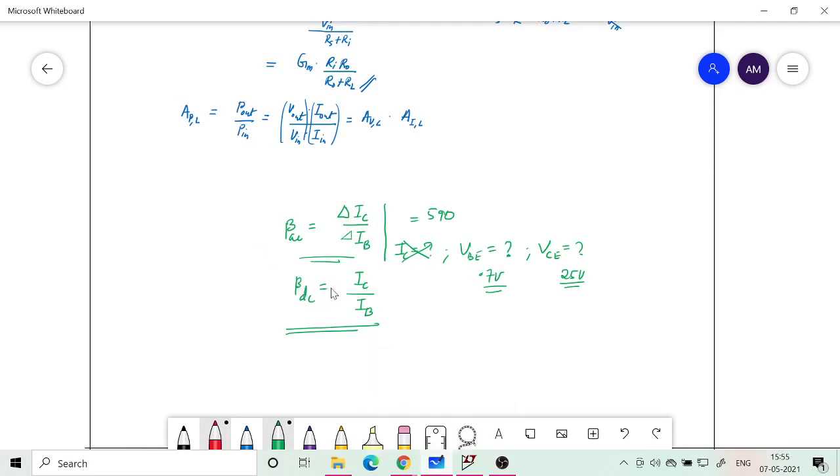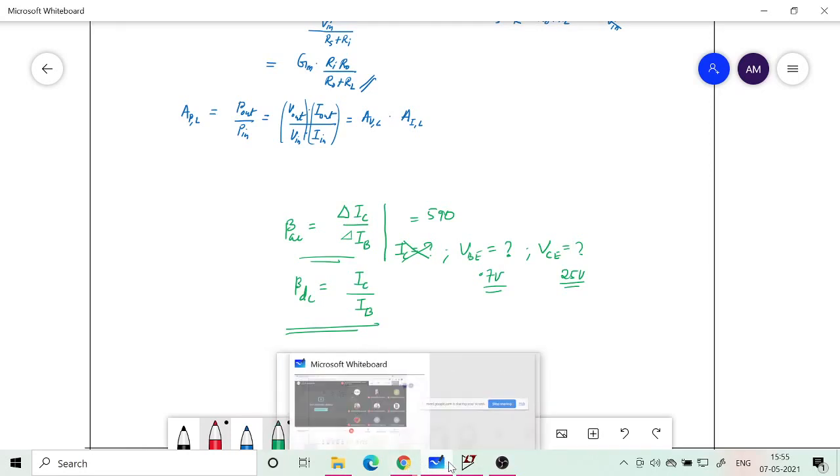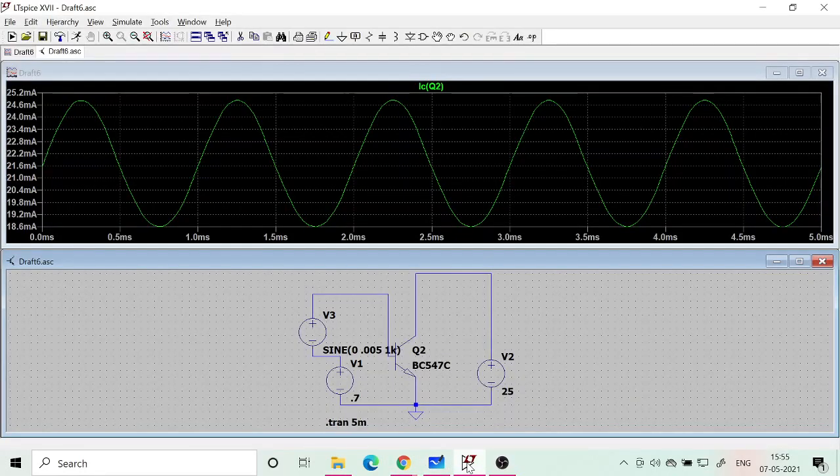This is the beta which I derived in the earlier class by considering base transport factor and emitter injection efficiency. But AC beta we calculate by taking fluctuations.